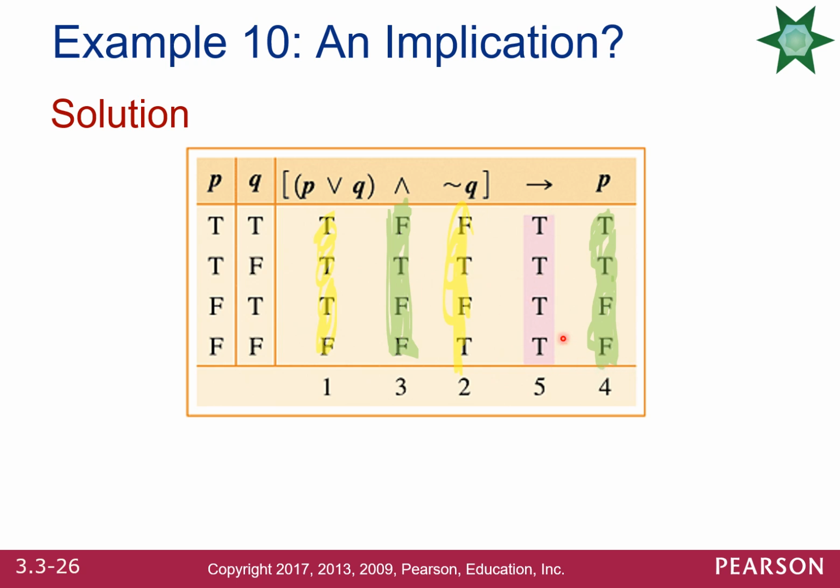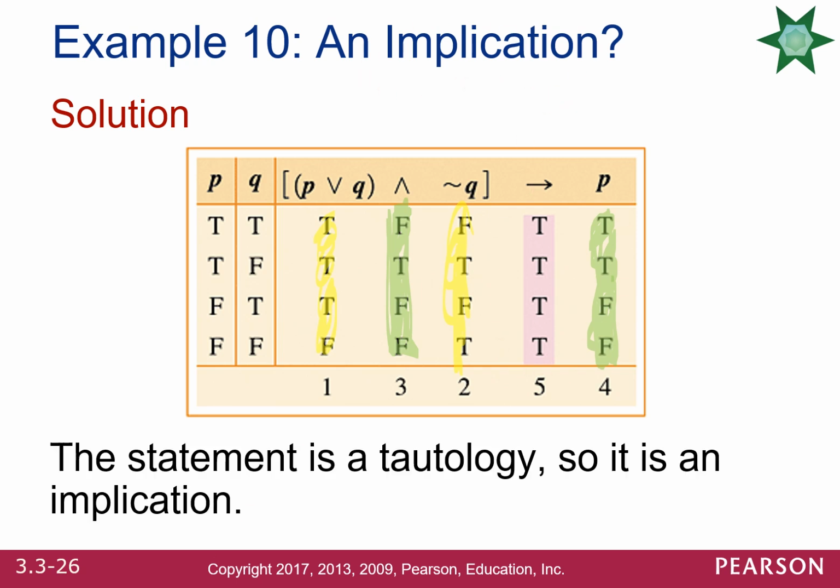That's why all of them resolve to a true statement, which is the last step. We write that below the conditional symbol, and that is what makes it an implication. So yes, this is an implication. The statement is a tautology, right? All the cases are true for the final value. So it is an implication.